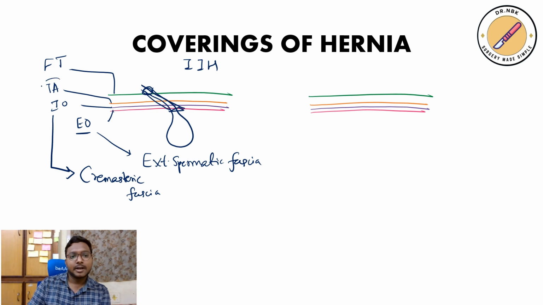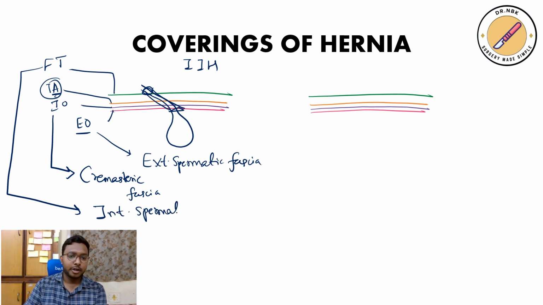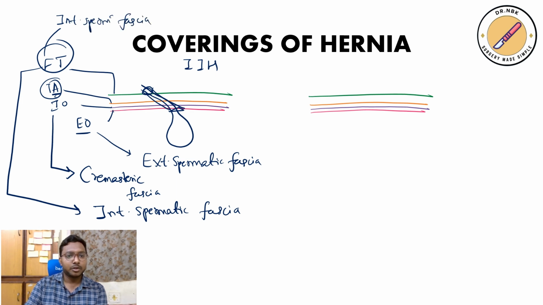Then this transverse abdominis, the name itself says it is confined to the abdomen. So transverse abdominis will not give rise to anything. Then fascia transversalis will give rise to something called internal spermatic fascia. Okay, so fascia transversalis will give rise to internal spermatic fascia. So these are the important coverings of the indirect inguinal hernia.